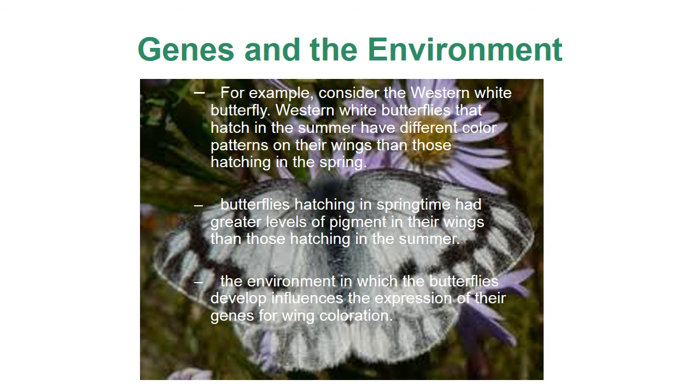Here's an example of the western white butterfly. The ones that hatch in the summer have different color patterns than those in the spring. Okay? So the ones that hatch in the spring have more pigment. They're a little bit darker than the ones that hatch in the summer. In this case, the environment influences which butterflies express their wing colors. Or, excuse me, what color is expressed.